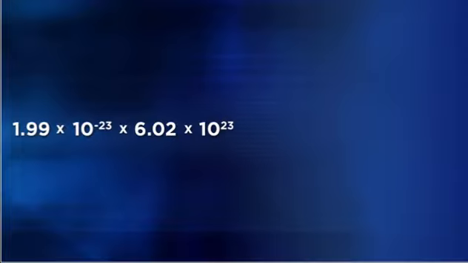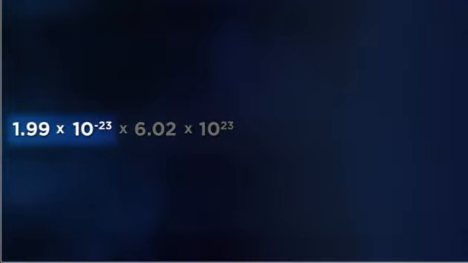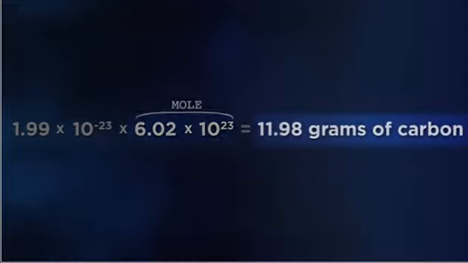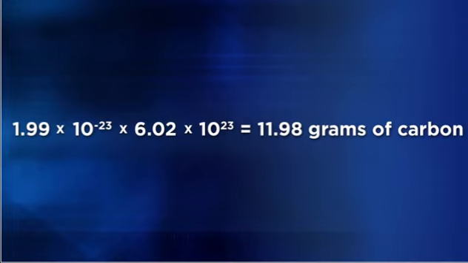If we multiplied 1.99 times 10 to the negative 23rd grams by Avogadro's number, also known as the mole, which is 6.02 times 10 to the 23rd, we get 11.98 grams of carbon.